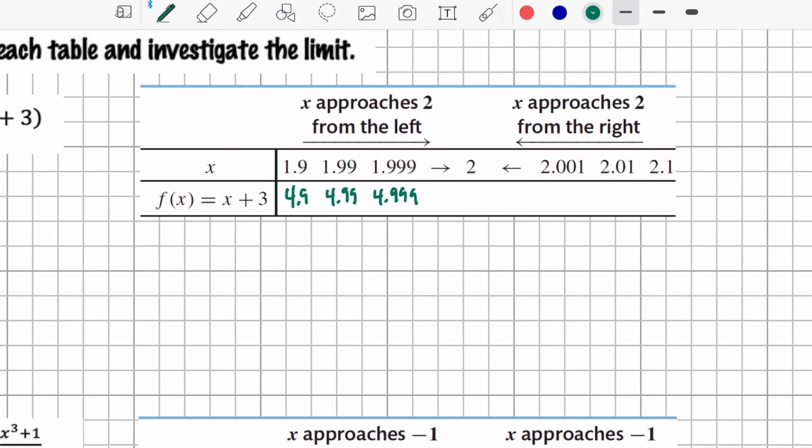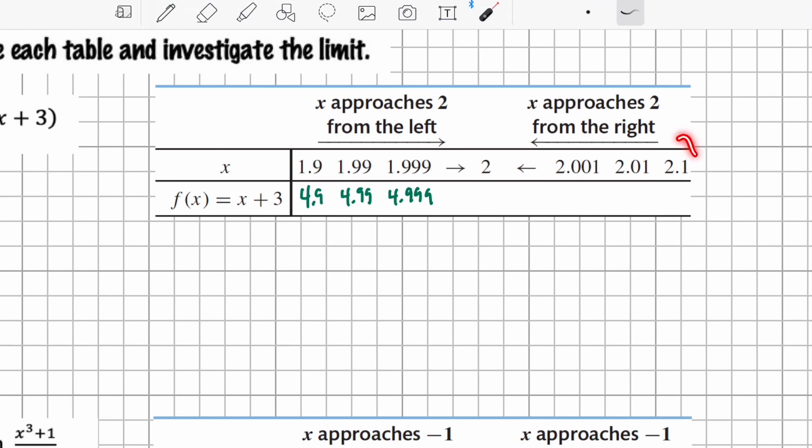Now let's try it from the right. I'm going to start with the outermost one, this one, 2.1, since we're moving to the left from the right. So if I add 2.1 to 3, we get 5.1, 2.01 plus 3, 5.01, and 2.001 plus 3, we get 5.001.